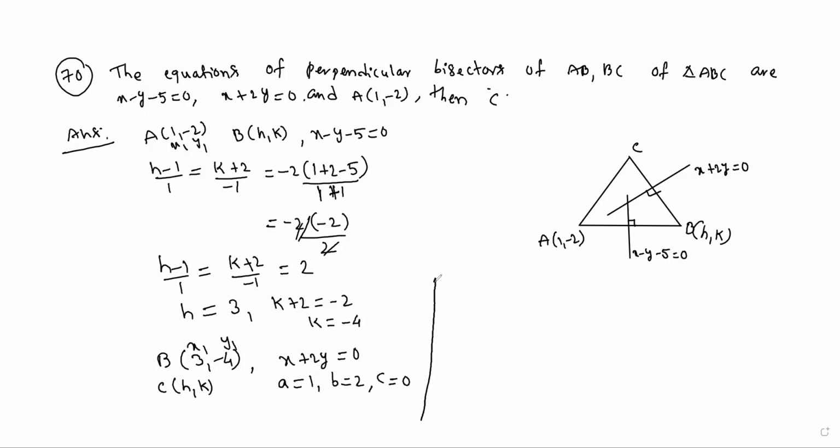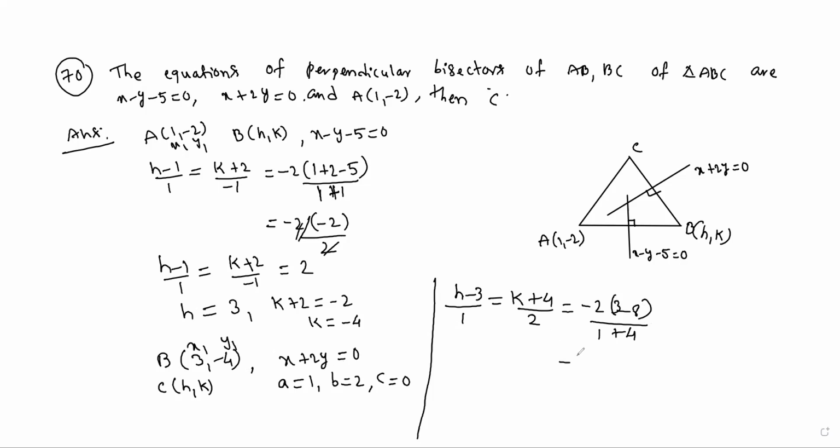Same concept, we apply the image formula to find point C. h minus x1, x1 is 3, by A value 1, equals k minus y1, y1 is minus 4, that is plus 4, by B value 2, equals minus 2 times of a x1, that is 1 into 3, that is 3, plus 2 into minus 4, that is minus 8, and the C term is 0 already, no problem, by a square plus b square, that is 1 plus 4.